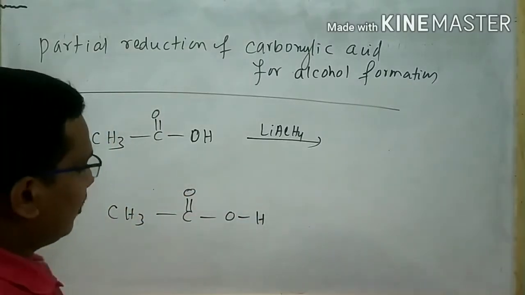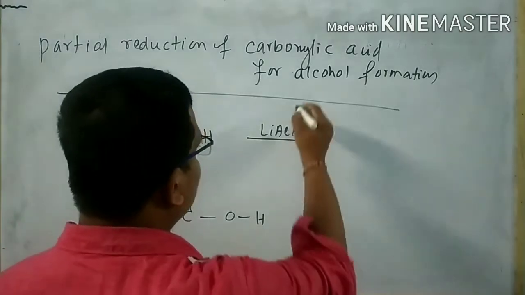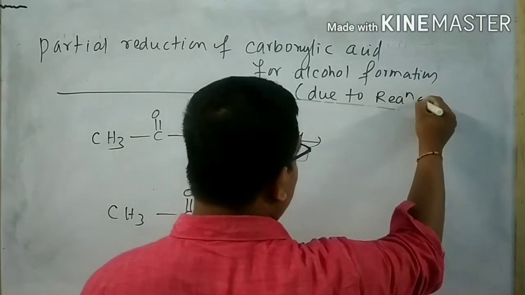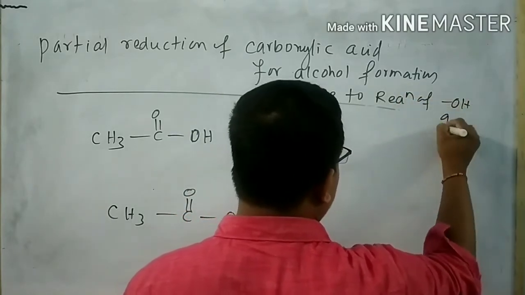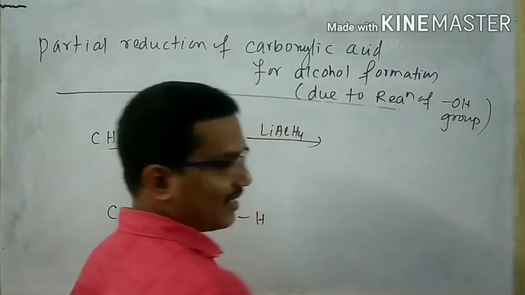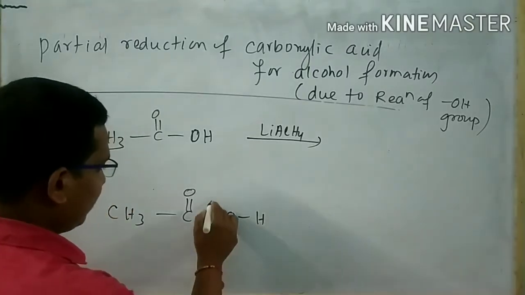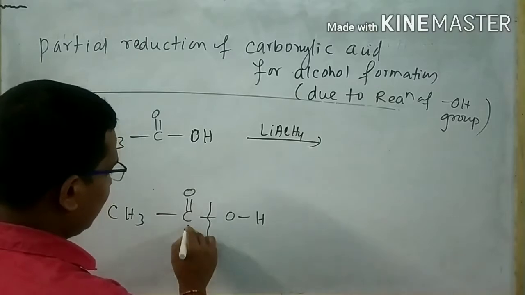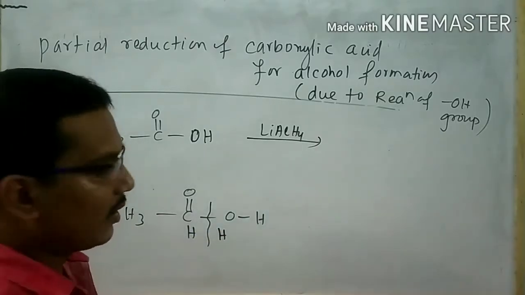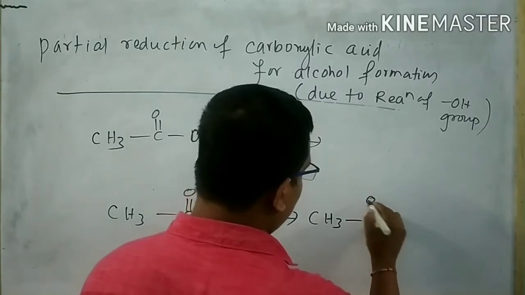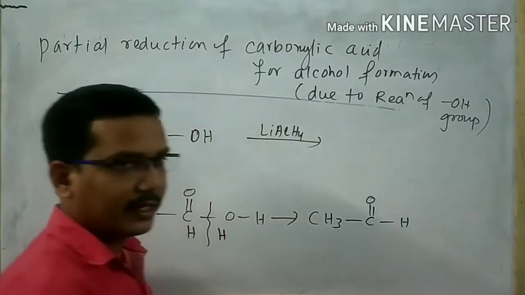Such a reaction generally occurs due to the reaction of the OH group, that is said to be partial reduction. Here the OH group undergoes a reduction. At first I will give H. It gives CH3-C=O-H, that is your aldehyde.